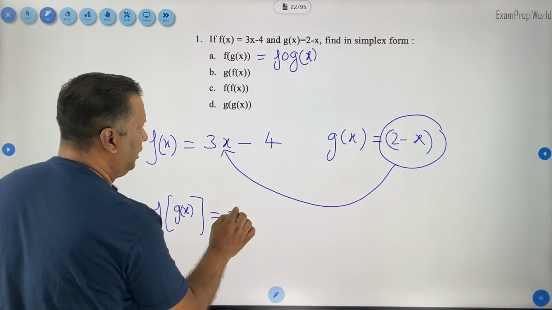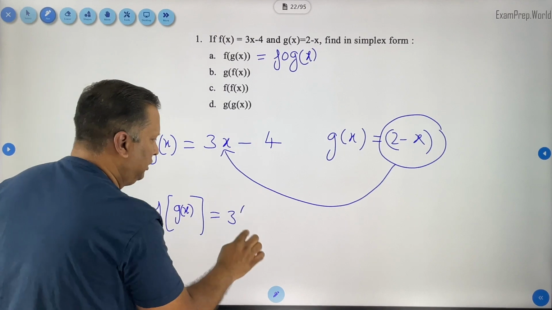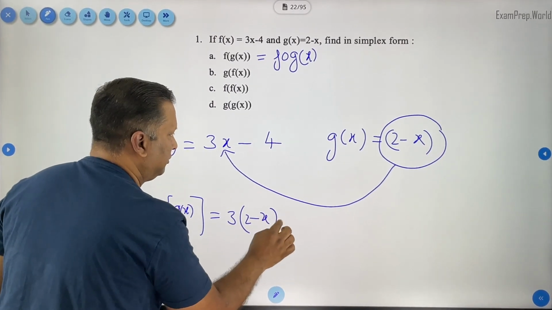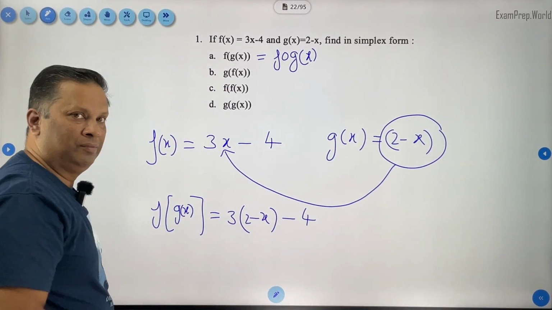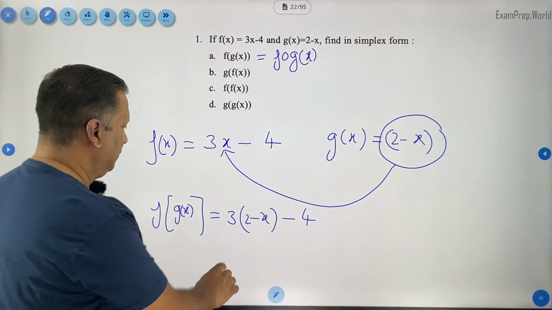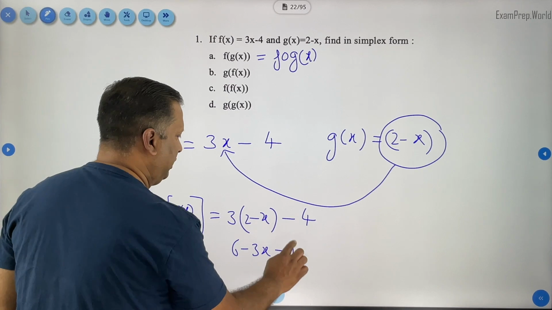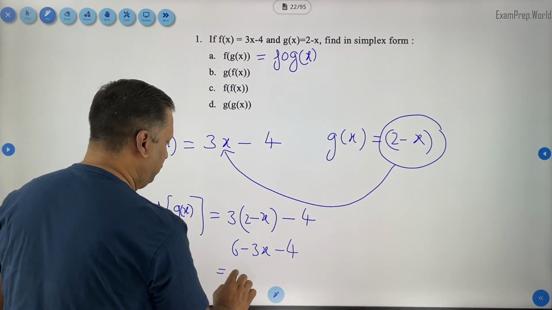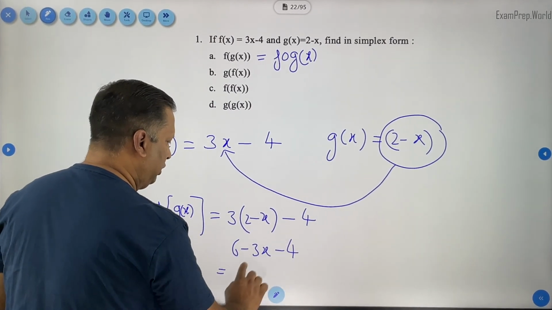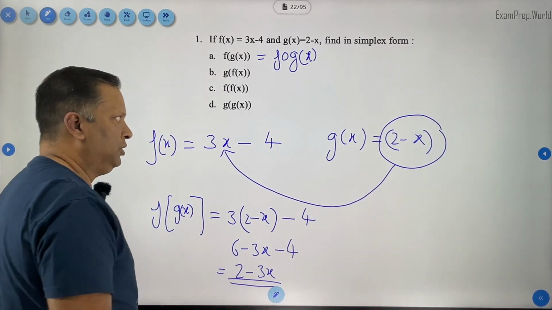So it will be 3 times, instead of x I will write this g of x, 2 minus x, minus 4. Now you just have to simplify this. So it is 6 minus 3x minus 4, which becomes 6 minus 4 is 2 minus 3x. That should be your answer.